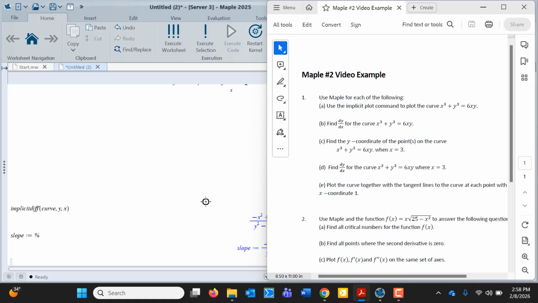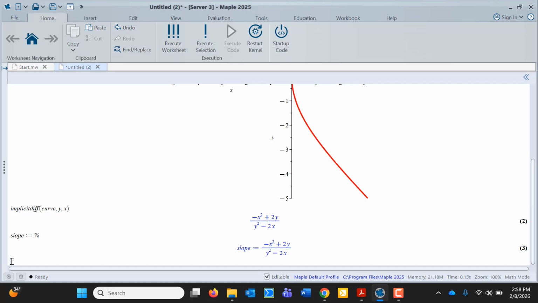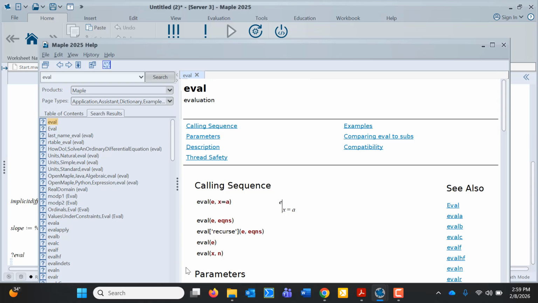All right, so anytime you're trying to substitute something into an expression or a function, we can use the command eval. So again, let me do that question mark first so you can see. If I do question mark eval, hit enter, it's going to say this is how you enter in something that you're trying to evaluate.